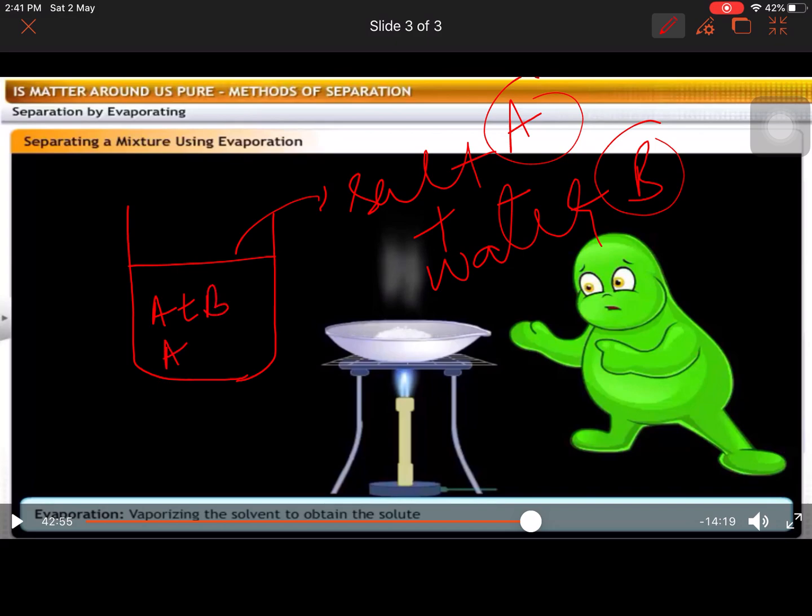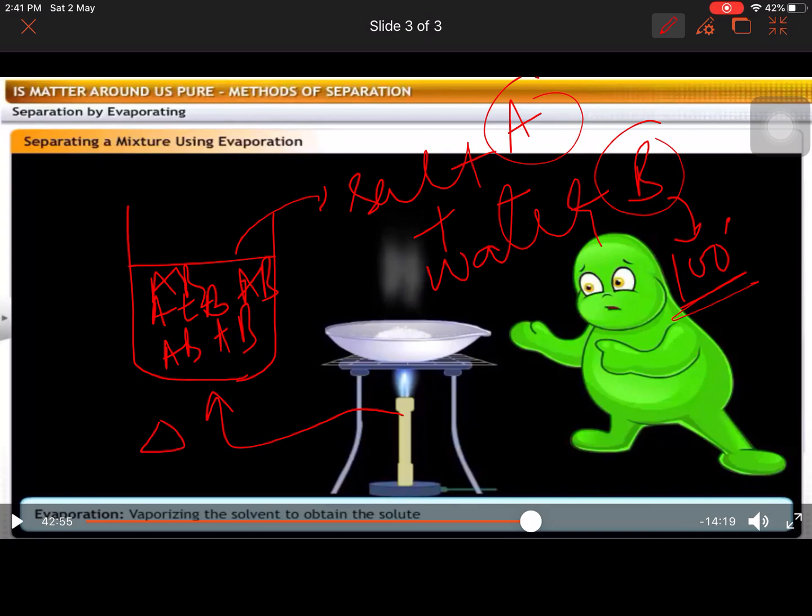So many A and B in the solution, right? The boiling point of water is 100 degrees centigrade, and you want to separate A and B from the solution. What you have to do is just heat.